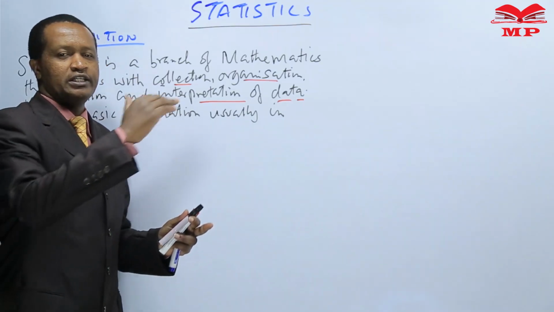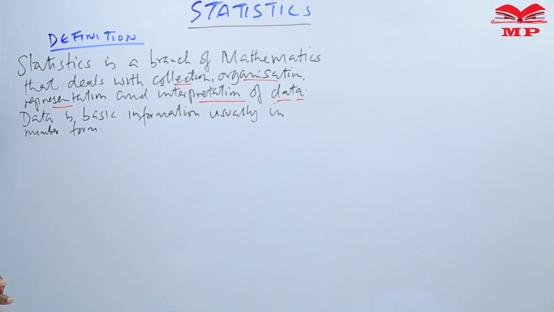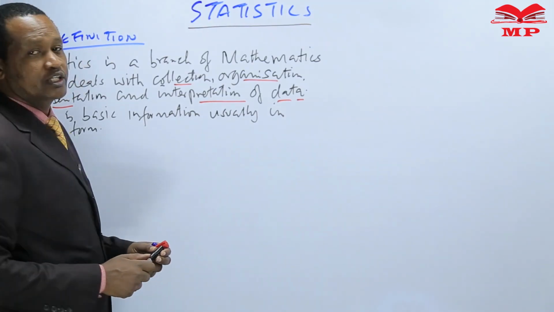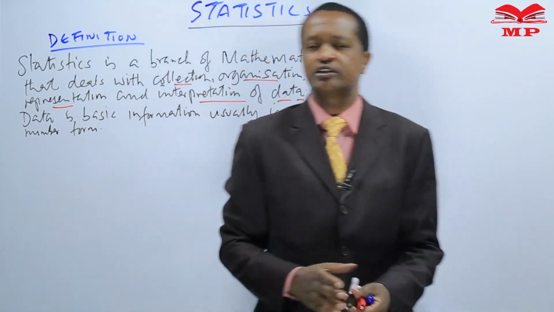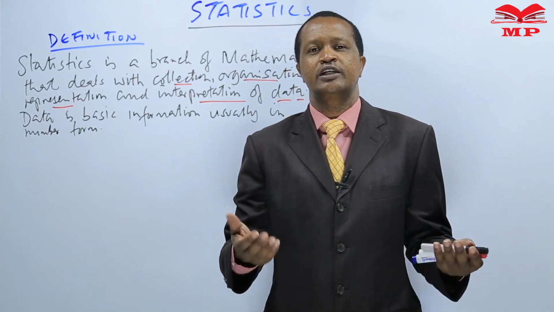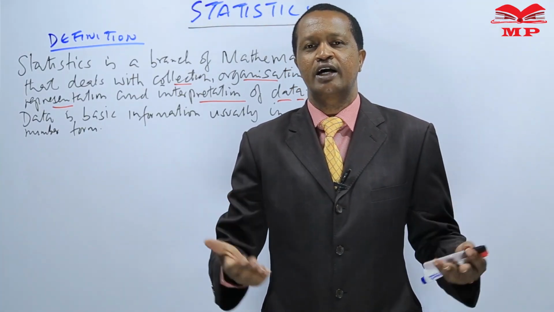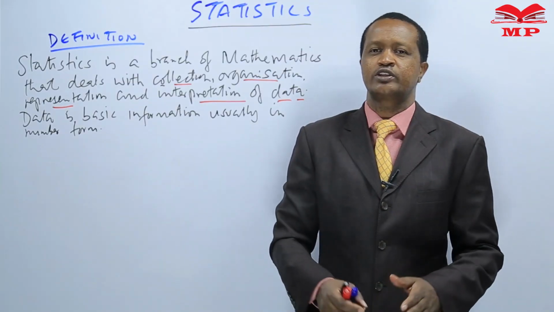Data can also be in relation to the favorite subjects of students in a class, the favorite games of students in a class, the time taken in a 100 meters race by students in a class, the daily temperature recorded, the number of invoices in a month, the number of kilograms of bags consumed in a hotel in 1 year, and so on and so forth. So those are examples of data.